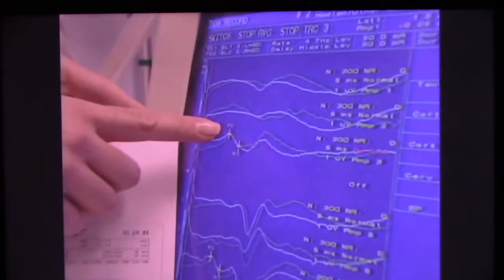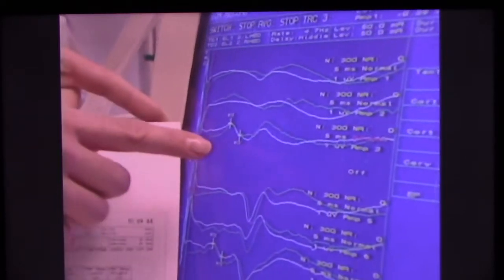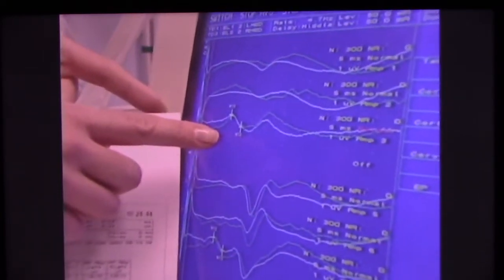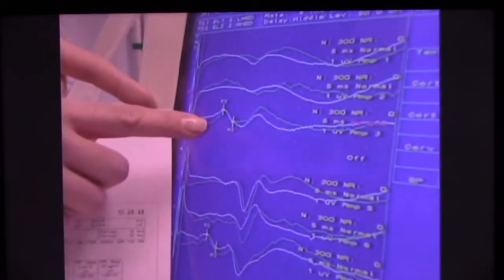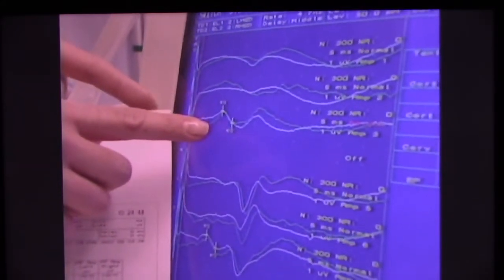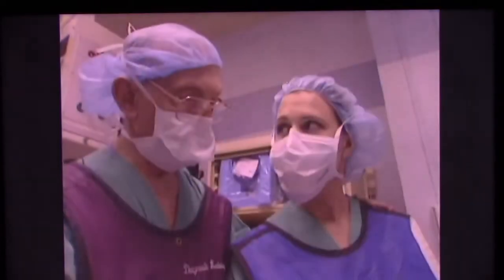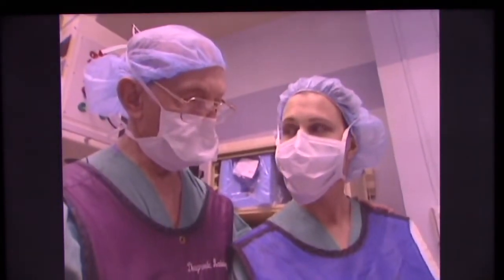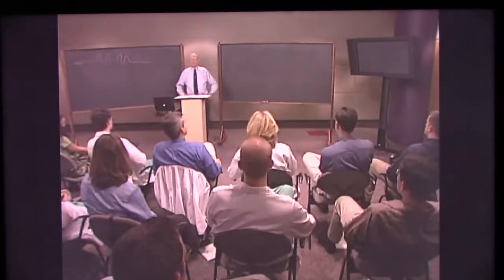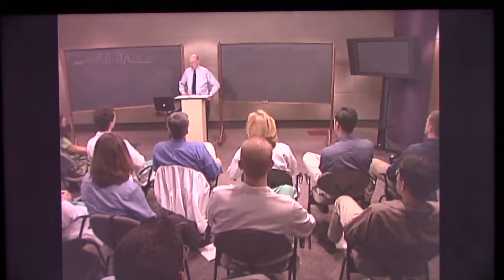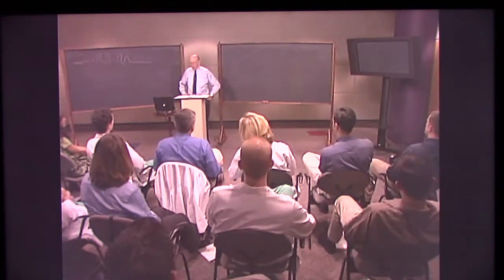And when we go to post-opening, this is the difference from here to here. So what we can see is that with deliberate hypotension and sevoflurane anesthesia, we can still maintain cord perfusion and monitor the SSEPs. That's pretty good. That was with half a MAC and considerable hypotension, wasn't it? Yes. Excellent.